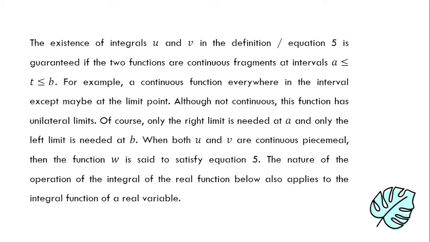Of course, only the right limit is needed at a and only the left limit is needed at b. When both u and v are piecewise continuous, then the function w is said to satisfy equation 5. The properties of the integral of real functions also apply to the integral of a complex function of a real variable.